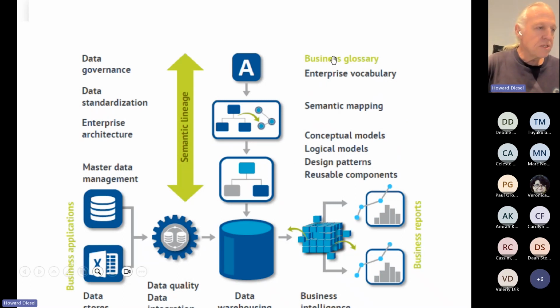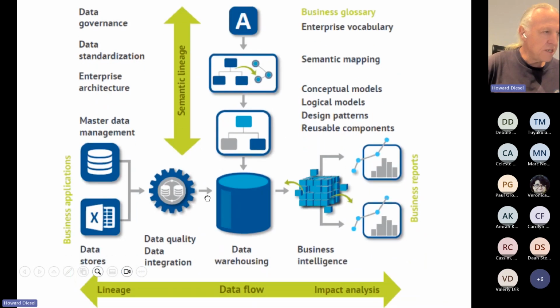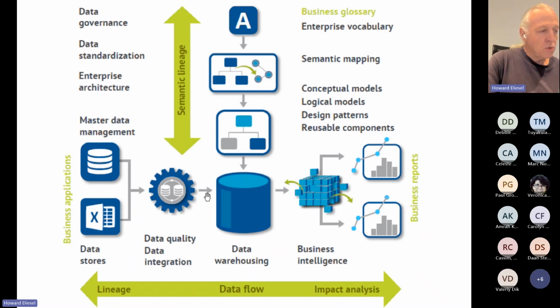So from the business glossary, the people need to be able to drill down in terms of saying, well, okay, how does this term map into the conceptual models, the logical models, the design patterns, and then where did it flow in these different areas? What was the data store that it came from? What happened in data quality, data integration, data warehousing? And we want to bring all of these concepts together.